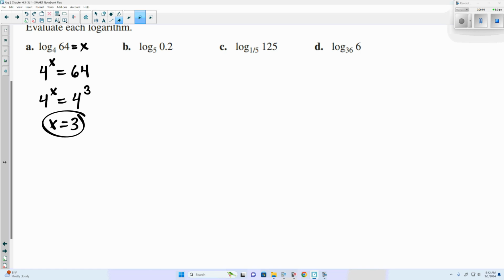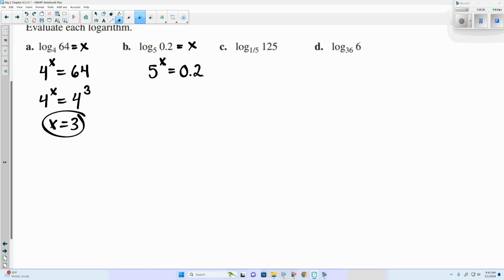If we look at the next one, log base 5 of 0.2, we can say is equal to x. How would we write this as an exponential? 5 to the x equals 0.2. Well, this is hard to put 1 and 1 together, yes?